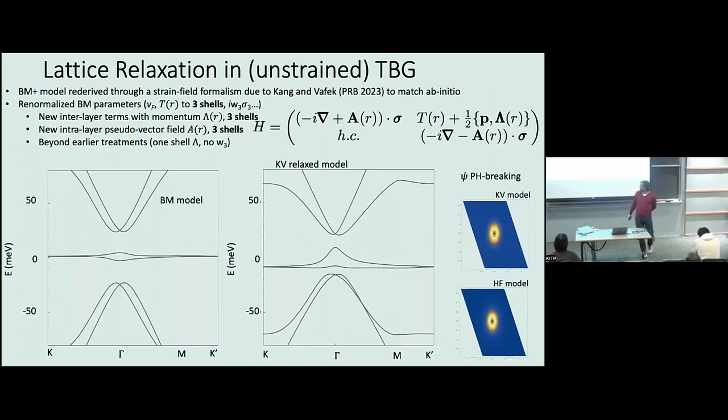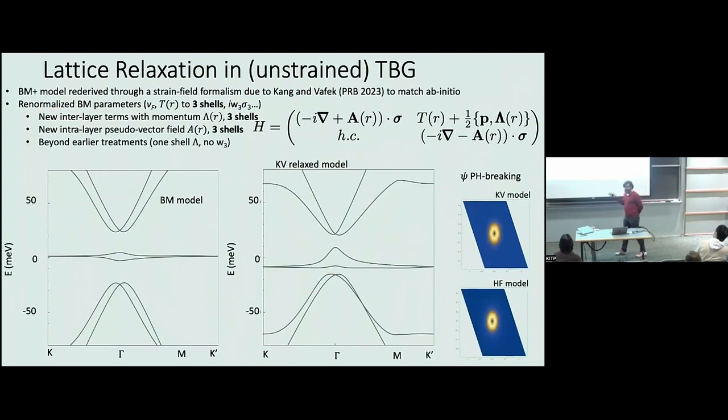Okay, so in particular, this is how the spectrum looks, and this is a particularly nice representation of the spectrum obtained by Kang and Vafek, which basically adds terms that look kind of like this. There's a sort of gauge potential term, and there's some other terms in this interlayer coupling, and there's some extra terms.